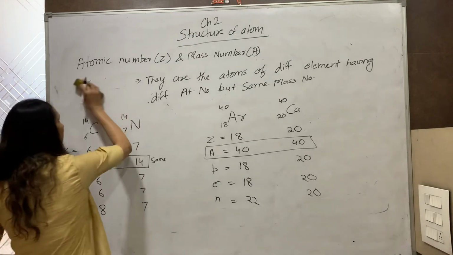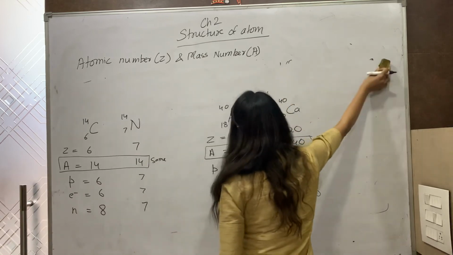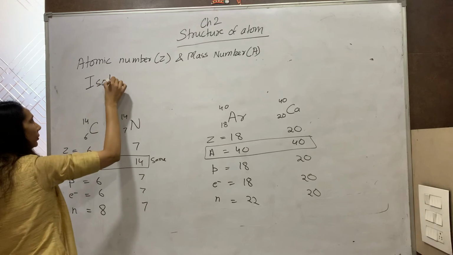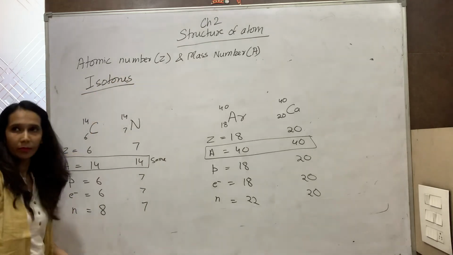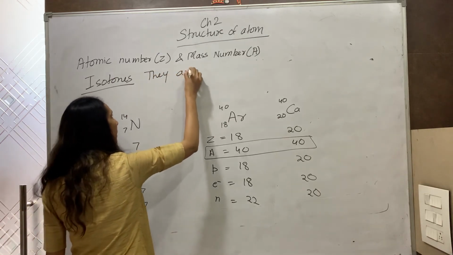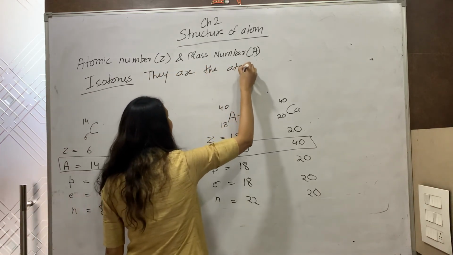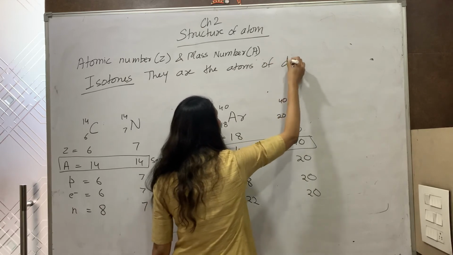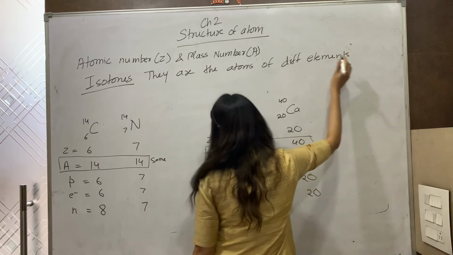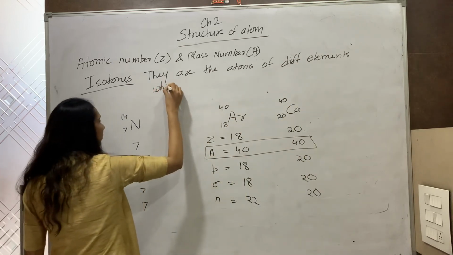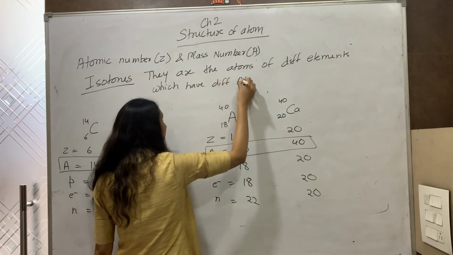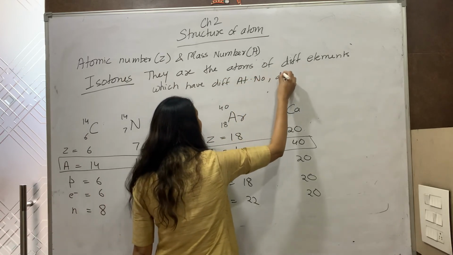The third term comes, isotones. They are the atoms of different elements which have different atomic number, different mass number.